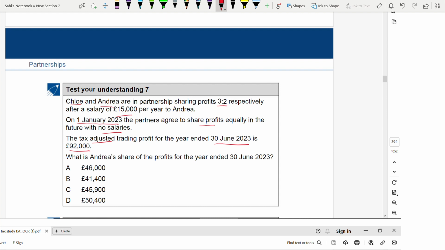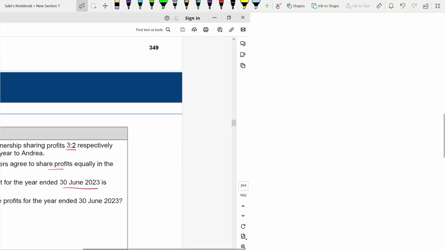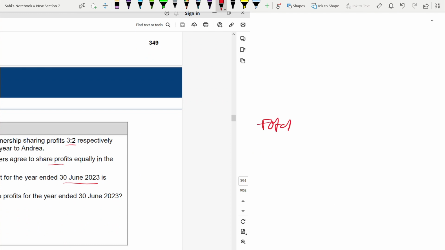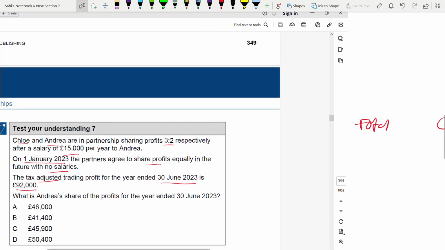Now, so let's quickly do this. Okay. So you need the total C and A. So from 1st of July 22 to 31st December, because they started changing on 1st of Jan 2023.